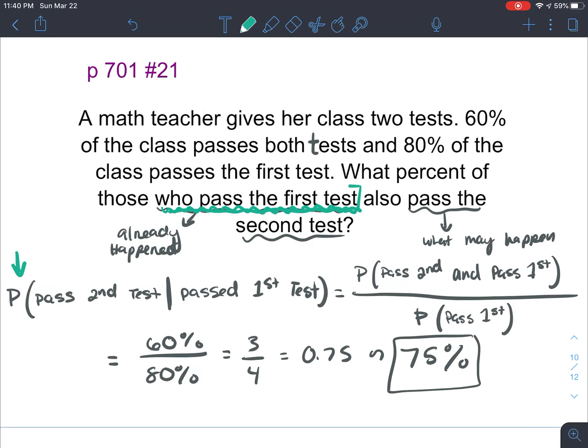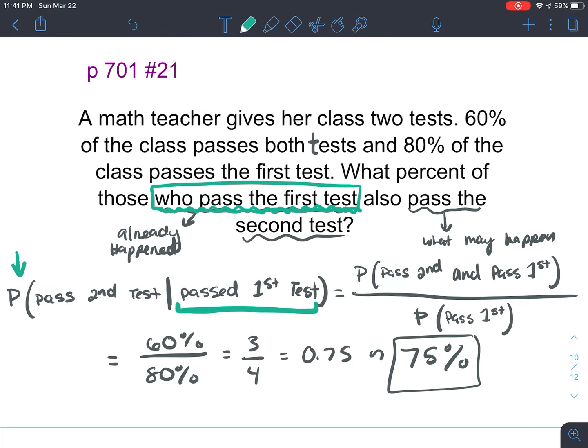If you see that "what percent of," that's telling you what is the total number of people you're putting in your denominator. What is that bigger group, the larger group? Well, that larger group is those who have passed the first test. So the statement that goes after the given is passed the first test.